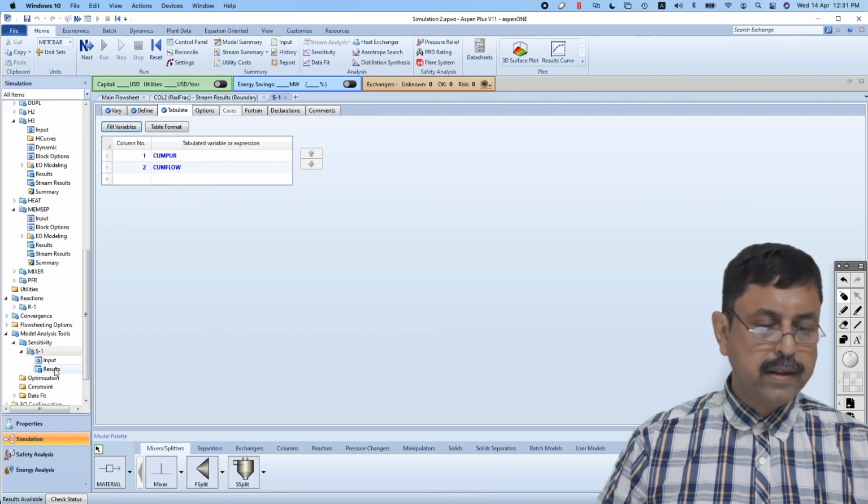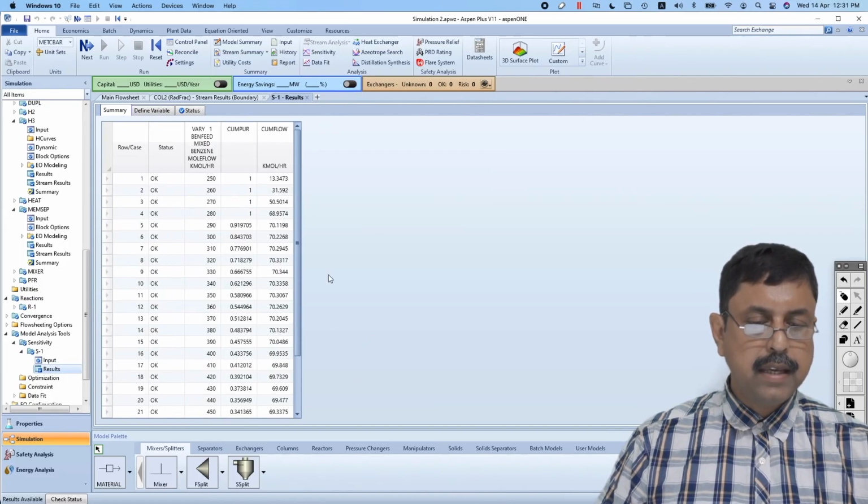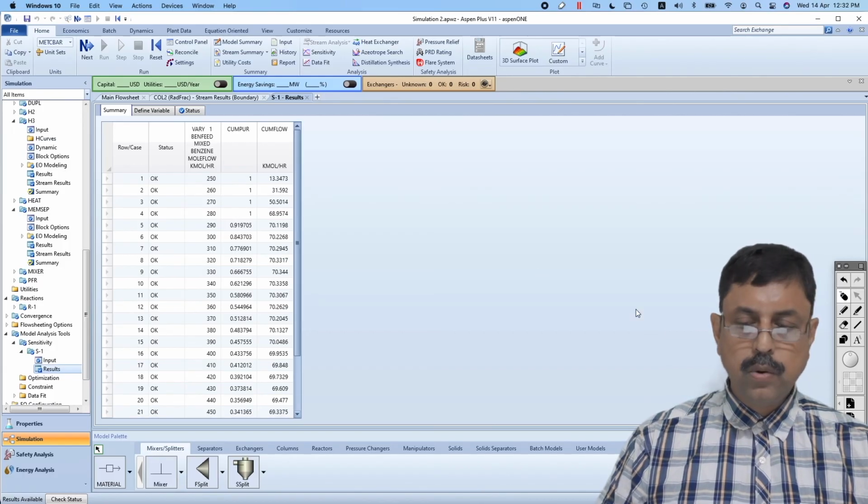So it has successfully run. Just see the results. As expected, at 400 your cumene flow rate is 69.9535 with a cumene purity of 0.43. As you increase the feed rate of benzene, your cumene purity goes down and down. But look at the top.